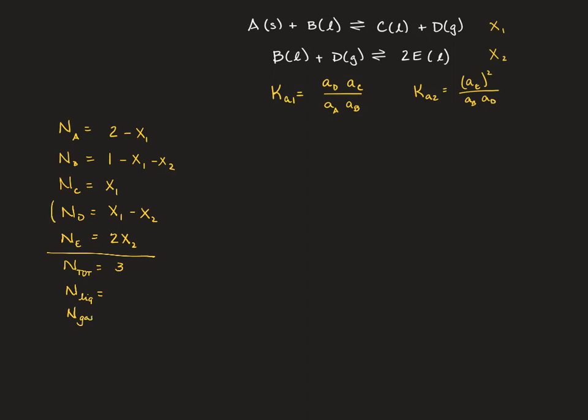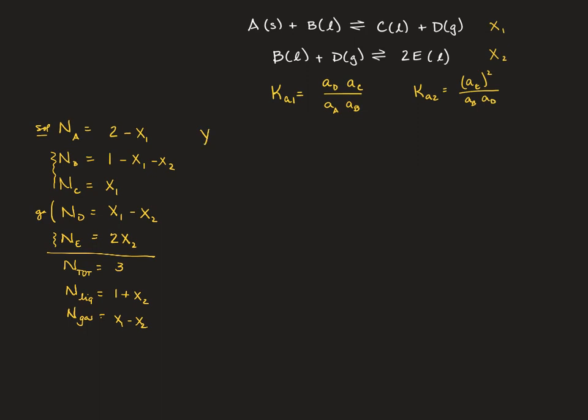Now, this is a solid, this is a gas, and B, C, and E are all liquids. So when I add those up, the number of moles that are in the liquid is 1 plus X2. And the amount that is gas is X1 minus X2.